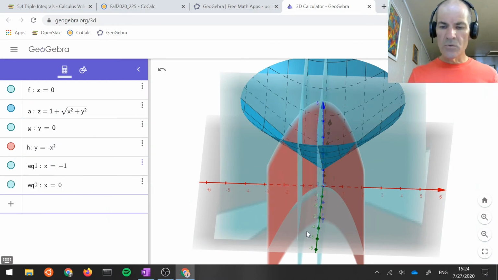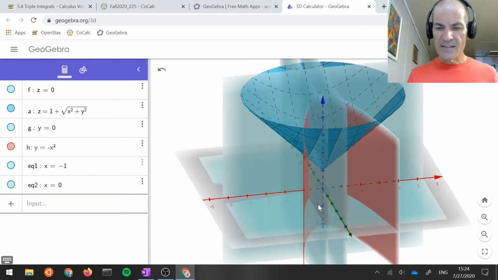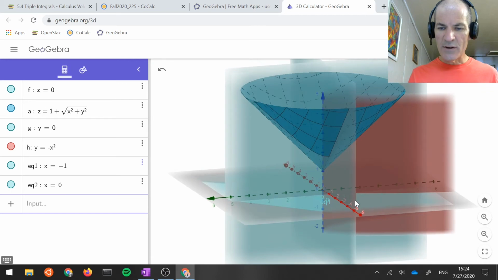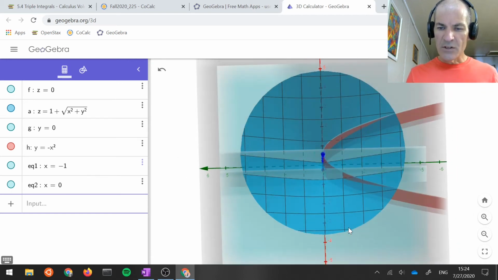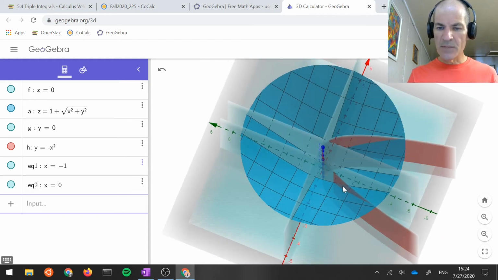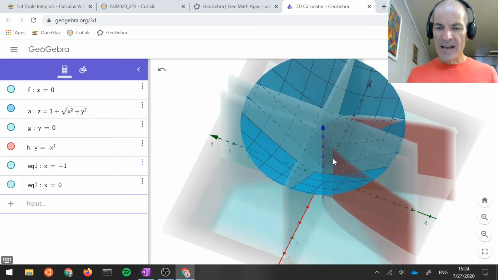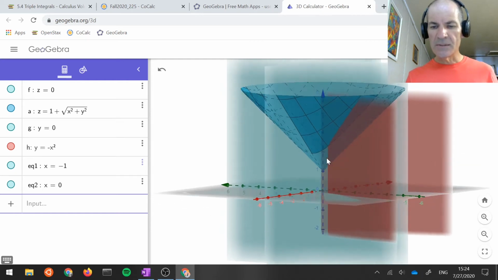okay, so we have now enclosed a volume. It's not entirely obvious where that volume is. It's very difficult to see. That volume is between these two planes, x equals -1 and x equals 0. It's between y equals 0 and this parabolic cylinder, and it's between z equals 0 and z equals the cone.